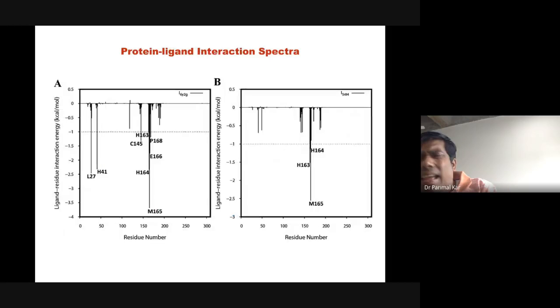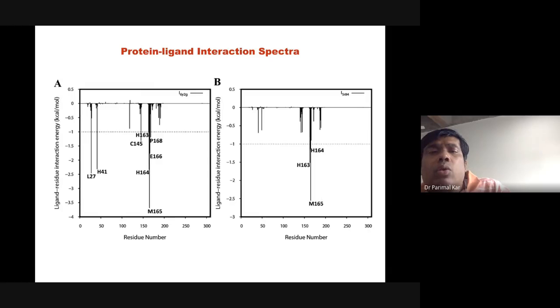Okay. And then we went ahead and looked at what amino acids, what residues from the SARS-CoV-2 main protease are mostly contributing to the binding energy. Not all residues contribute to the binding energy.